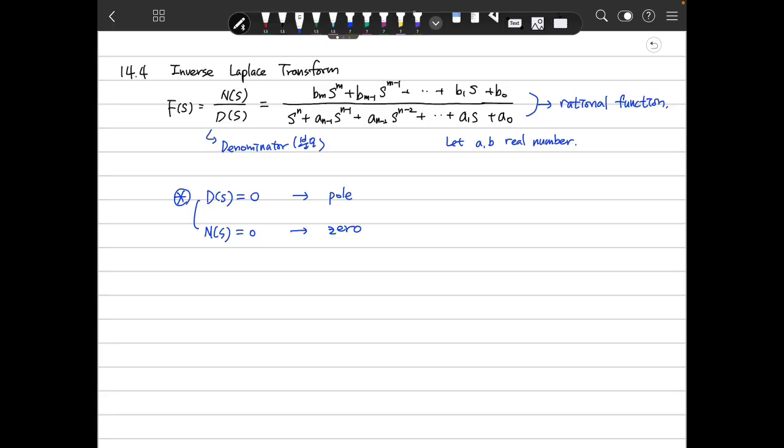So we can say the pole will be like that: D(s) is 0.